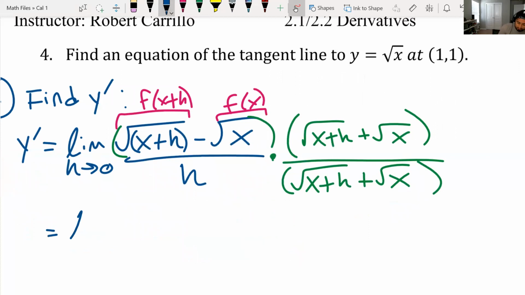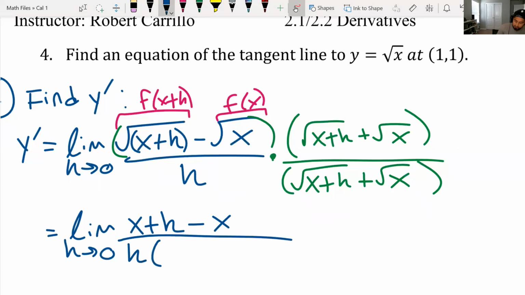This becomes the limit as h approaches 0. If I FOIL the top, I'll get x plus h, no middle term, and then minus x, over h times the square root of x plus h plus square root of x.